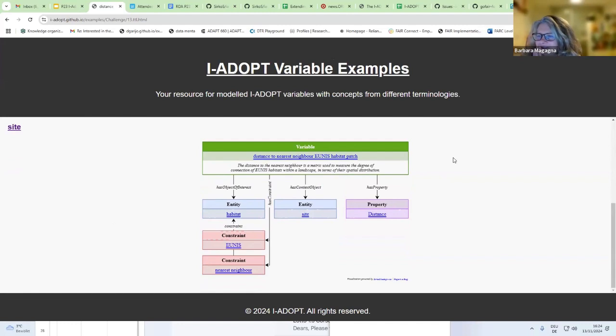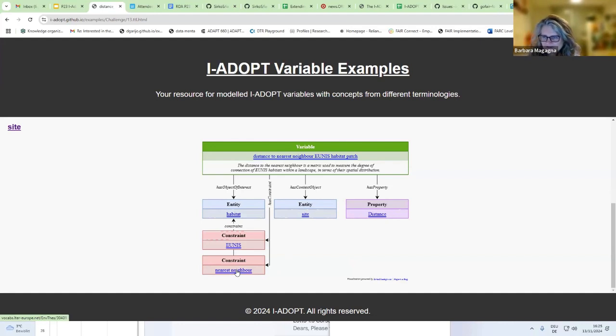The problem there is you have a site, you stand on a point on a site, and you search for the nearest habitat of a specific category. For example, a forest habitat category, and you are looking for the nearest forest habitat patch from this point. So you have two objects, your point and the habitat. How do you represent this in IADOPT? It cannot be the matrix because it's not embedded, it's nearby.